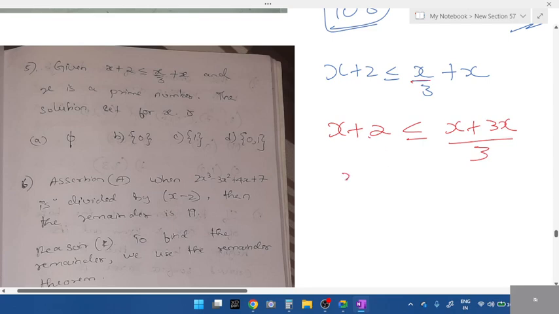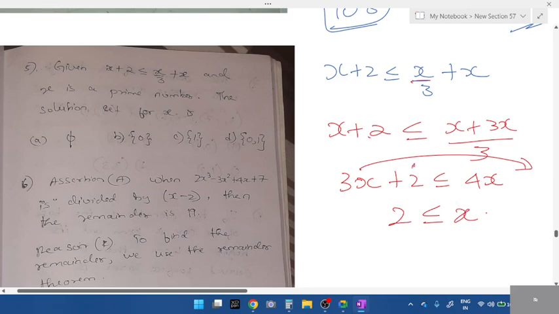This 3 goes to the other side like this. 3x plus 2 less than equal to x plus 3x is 4x, and 3 goes to the other side. 2 is less than equal to 4x minus 3x is x. 3 into 2 is 6.